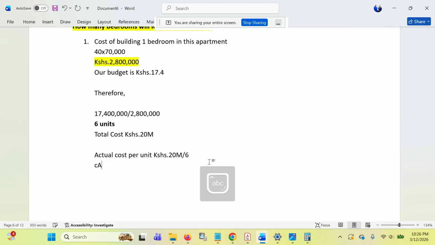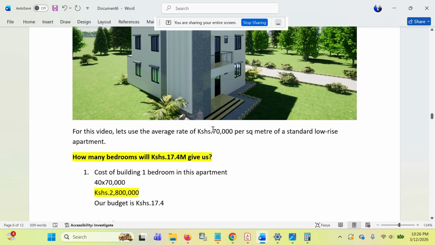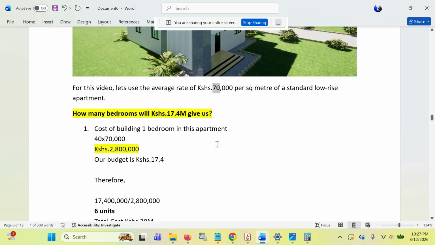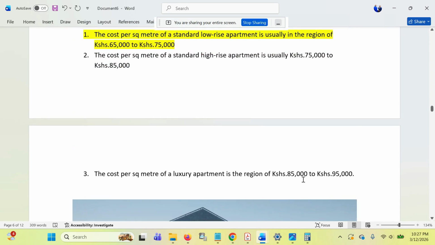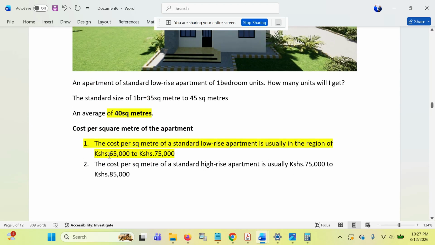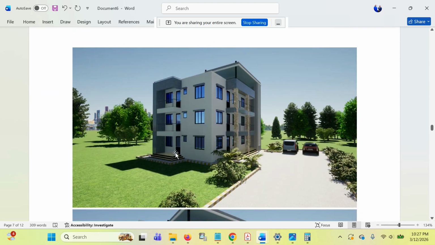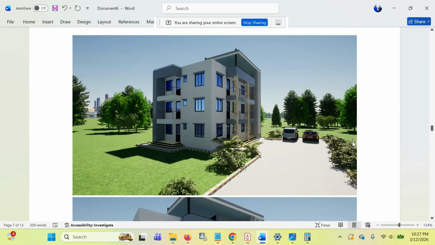That would give us 3.3. So the actual cost per unit of one bedroom is Kenya shillings 3.3 million.